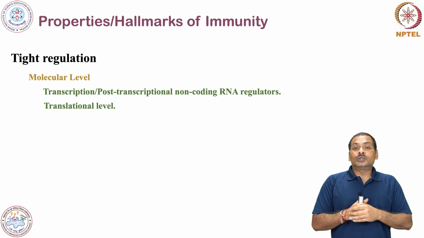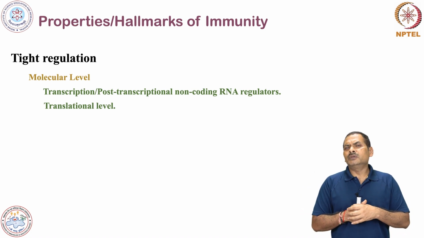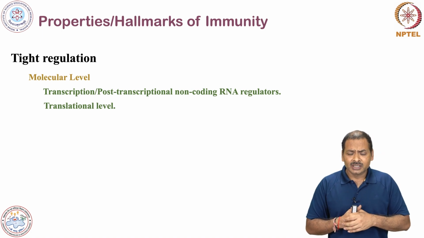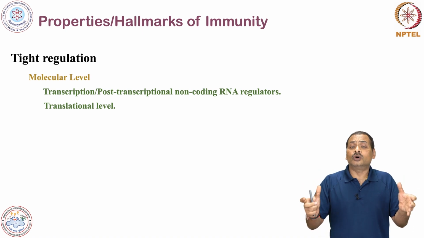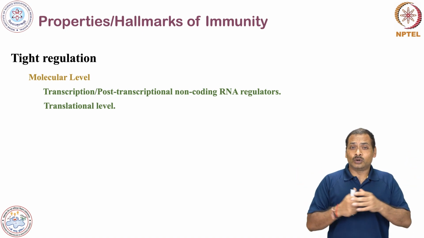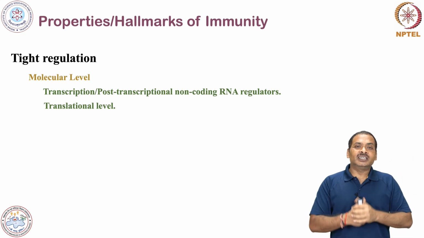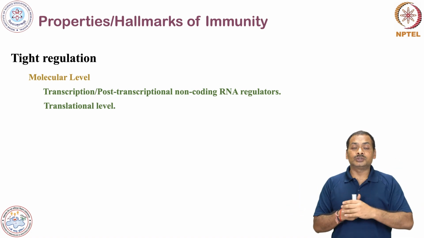This is one way. Another way: some active molecules or enzymes are synthesized in an inactive form, a pro form, or zymogen form. Then some enzyme comes and cleaves it, and the protein becomes active. This kind of regulation is also there.